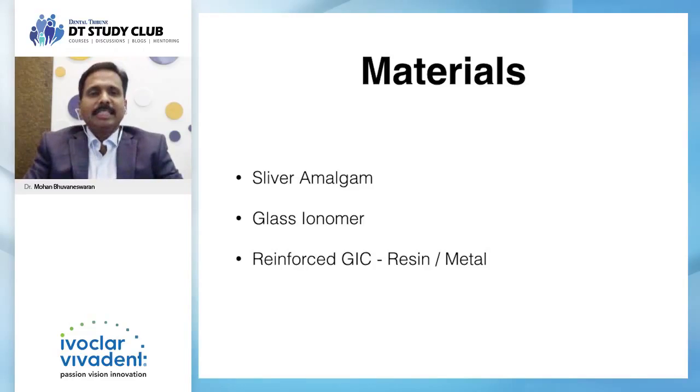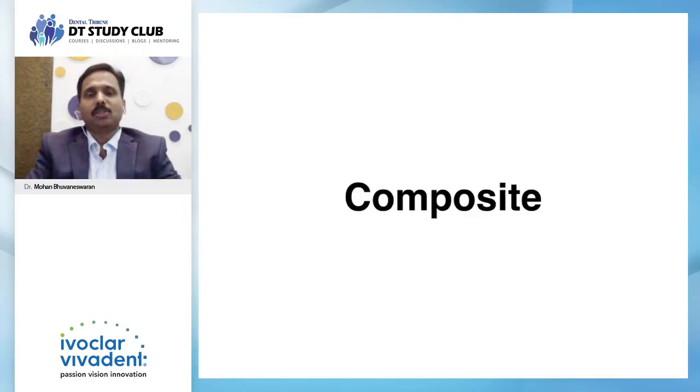Glass ionomer indeed had a lot of inherent deficiencies, which we are going to discuss. Later, metal modified glass ionomers and resin modified glass ionomers came into the picture. Then came the beautiful composite resin, the adhesive dentistry.